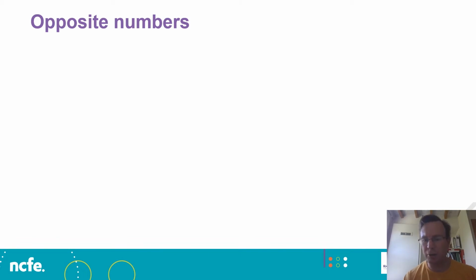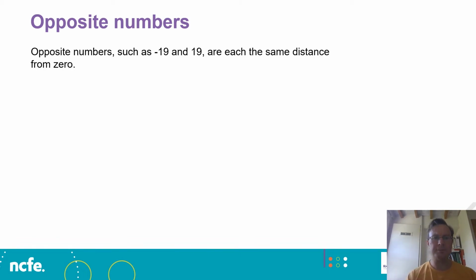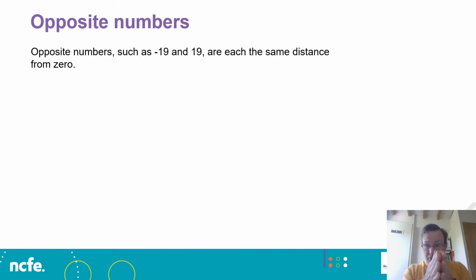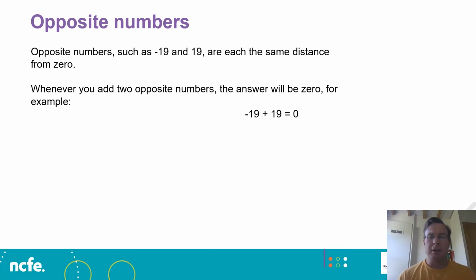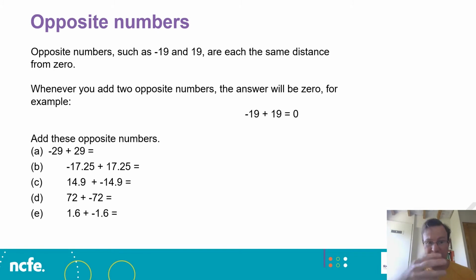So now we're looking at the concept of opposite numbers. Opposite numbers such as -19 and 19 are each the same distance from 0. If you took time to do the line that I suggested earlier, you'll see that if we have 0 in the middle, we can have -19 this side and 19 up this side. Wherever you've got those two opposites, the middle number is going to be 0, which sounds quite straightforward.